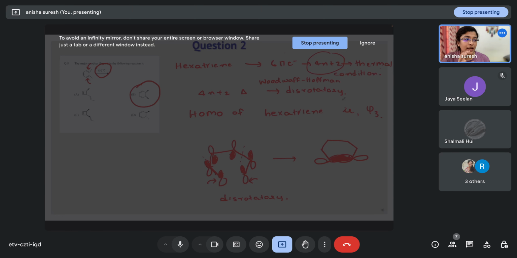So that will be coming from the concept of HOMO of hexatriene, which is psi 3. So for constructive orbital overlap to take place in case of psi 3, these lobes should move in opposite direction. One is moving clockwise, the other should move in the anti-clockwise direction, so that constructive orbital overlap will take place. So here, in case of disrotatory mode of reaction only, this is possible.